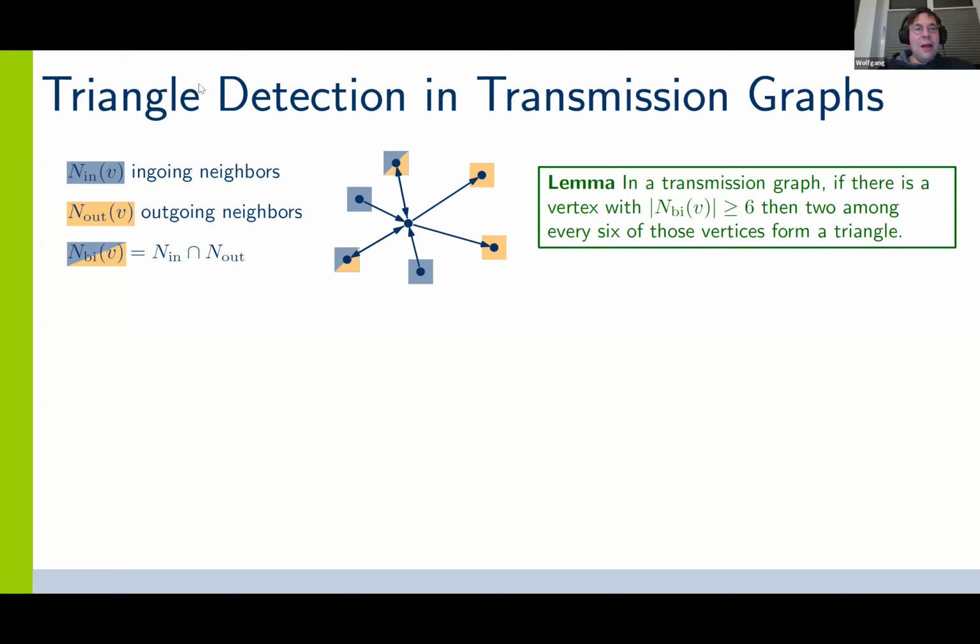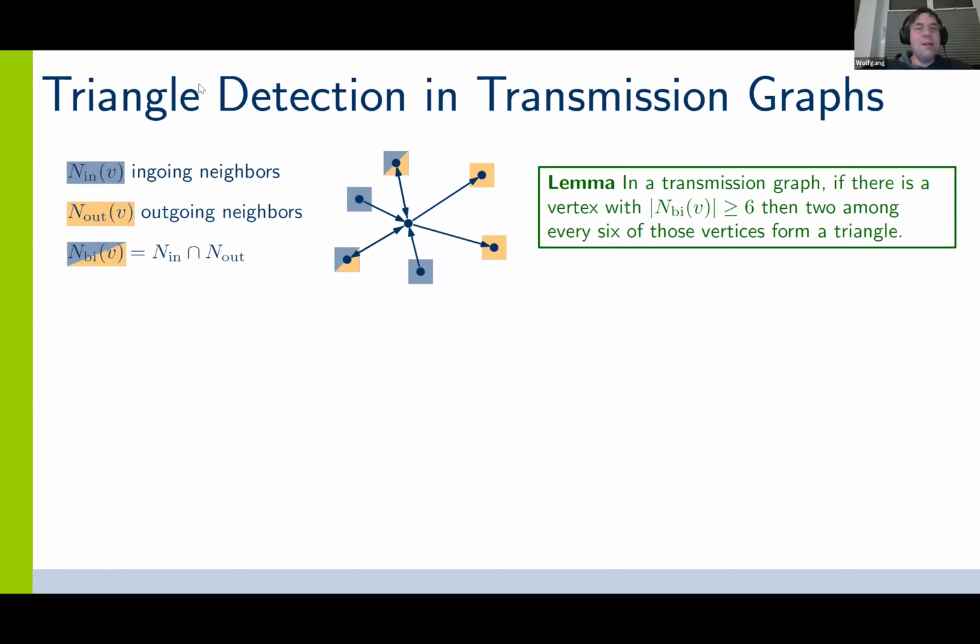Okay. And now I have this lemma. So basically a generalization of what I showed you for unit disk graphs. So if there's a vertex that has at least 6 bidirected neighbors, then I can pick any 6 of those bidirected neighbors and pick 2 of them, and there will be a directed triangle there.